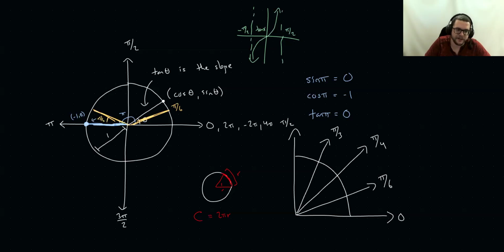But if that's pi by 6 and it makes up pi, I must have 5 pi by 6 on this side. So that would be an angle of 5 pi by 6 measured in the standard way. But I have these special angles in the first quadrant, and we need to think of the values of sine, cos, and tan in these.